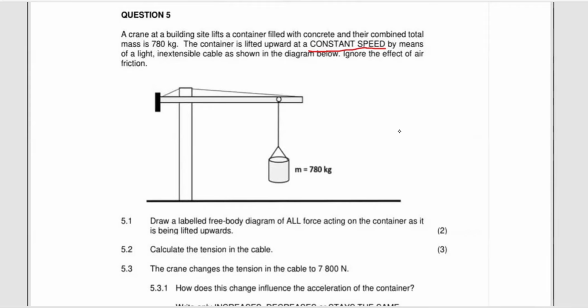Can we draw a free body diagram of the forces as the container is being lifted, for 2 marks? So those are 2 forces: we have the weight and then we have the tension. Then calculate the tension within the cable.